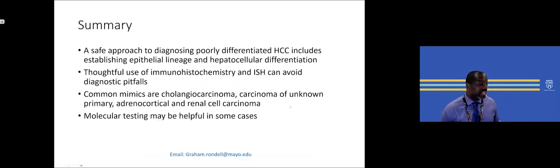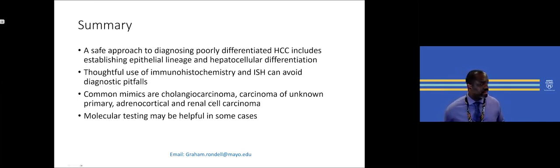So to summarize, I think a really safe approach to diagnose poorly differentiated HCC, or any HCC for that matter, includes establishing the line of differentiation and also establishing hepatocellular differentiation. I think it's important to use the immunohistochemistry and in situ hybridization thoughtfully to avoid diagnostic pitfalls.